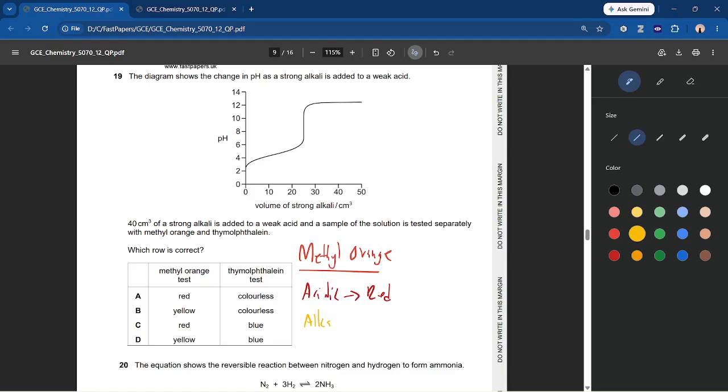And for thymolphthalein, if the pH is alkaline, or greater than 9.3, then it's blue. Otherwise, it's colorless.